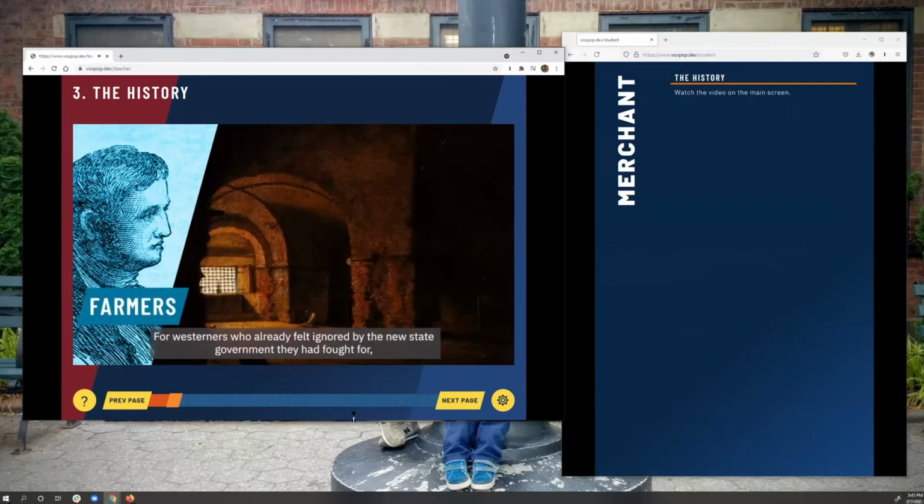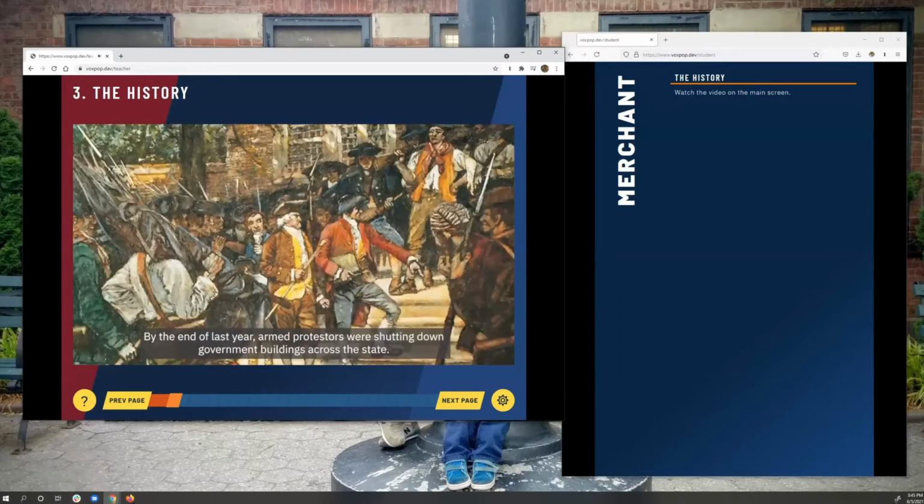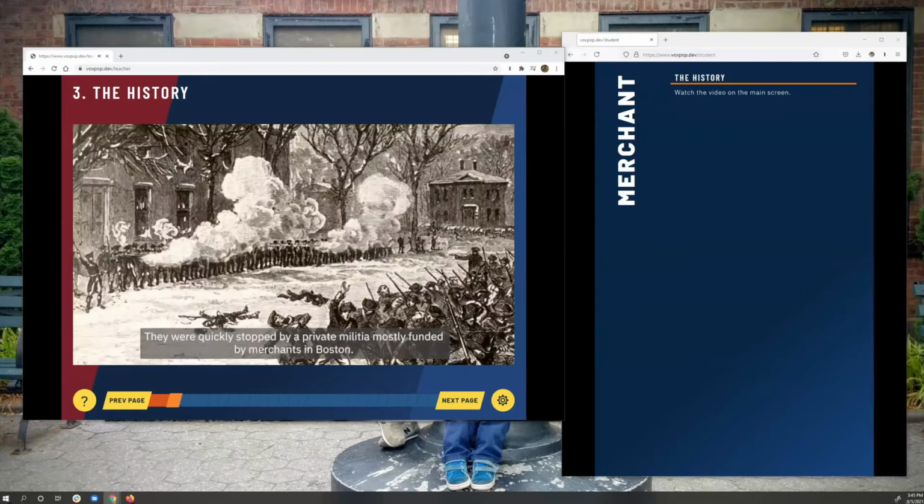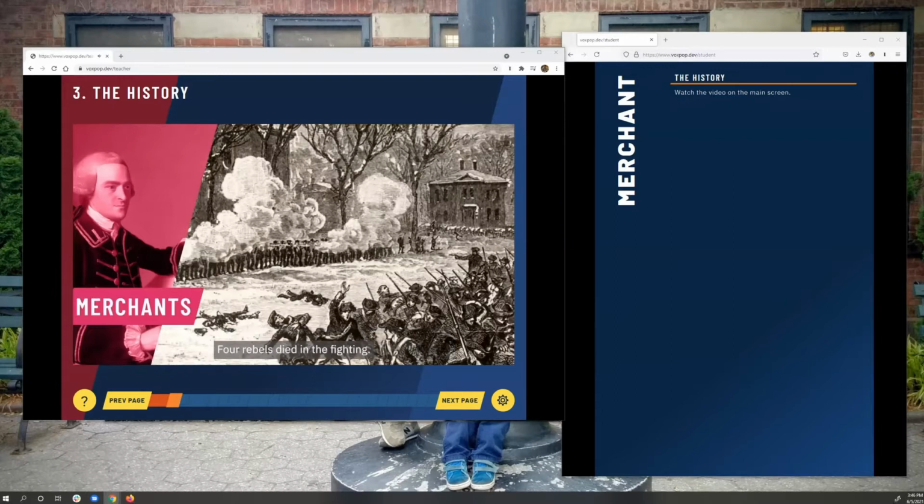For Westerners who already felt ignored by the new state government they had fought for, these jailings were the last straw. By the end of last year, armed protesters were shutting down government buildings across the state. This January, Daniel Shays led a group of rebels to take over the federal armory in Springfield. They were quickly stopped by a private militia, mostly funded by merchants in Boston. Four rebels died in the fighting.